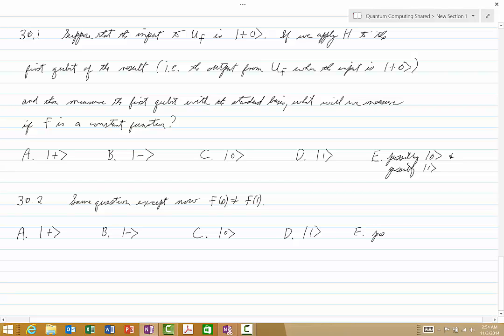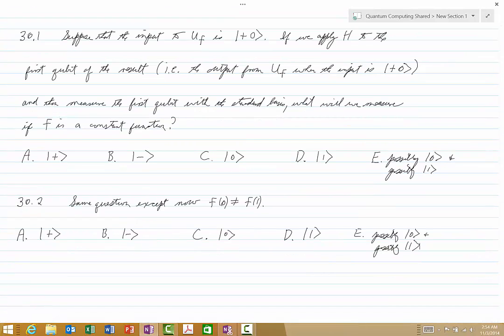And same here, possibly 0 and possibly 1. But in all the other cases, it's definite. So since I've had a little bit of hesitation in spelling out these alternatives for you, let's look at the problem one more time all together.